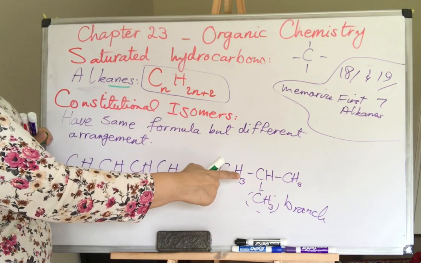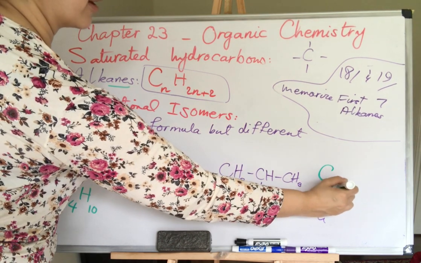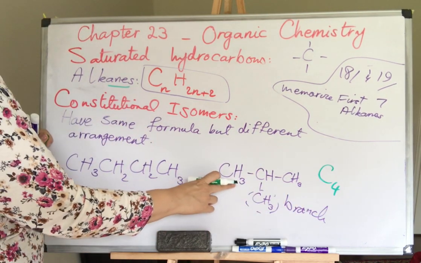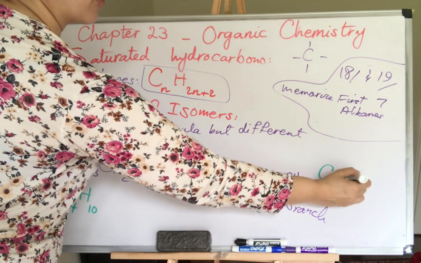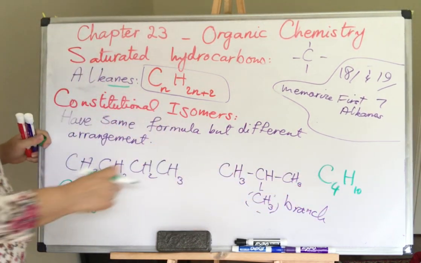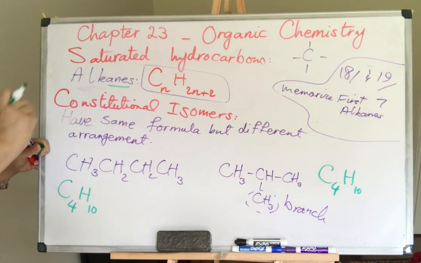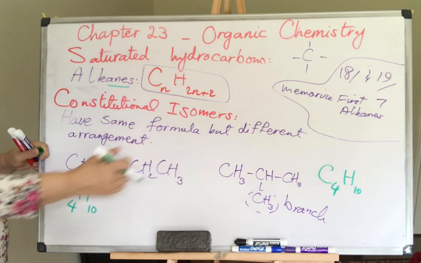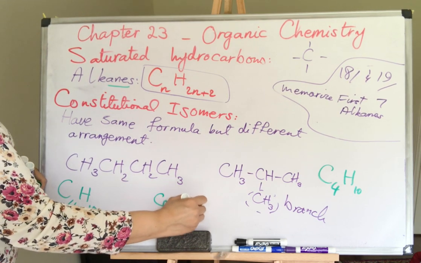Let's count the carbons and hydrogens for this compound. I count 4 carbons, and how many hydrogens? 3 and 3 and 3, 9 plus 1, 10. Since the number of carbons and hydrogens are the same, the same formula but different arrangement, I call them constitutional isomers.